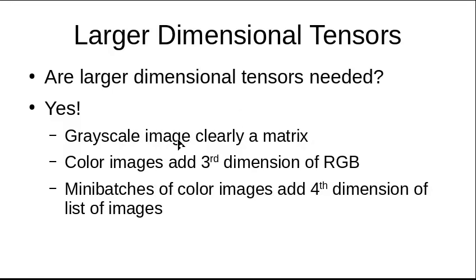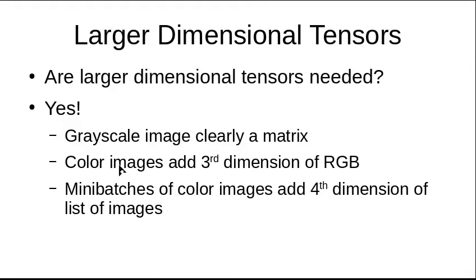A grayscale image is clearly a matrix, easily represented by a matrix. A color image adds a third dimension where there are three two-dimensional matrices, one each for red, green, and blue.